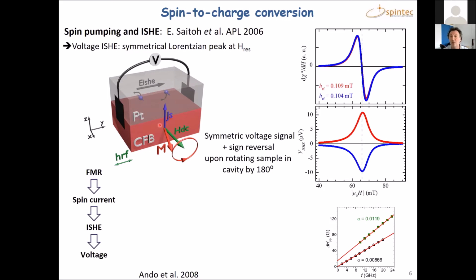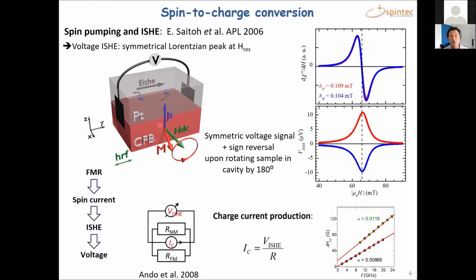What is also important is to be sure that this signal is indeed related to a conversion effect, and there are several control experiments that you can do, for example, using symmetries, but you can also use a temporal bolometric experiment to check that indeed this is related to the ferromagnetic resonance and not to, for example, a heating of the sample.